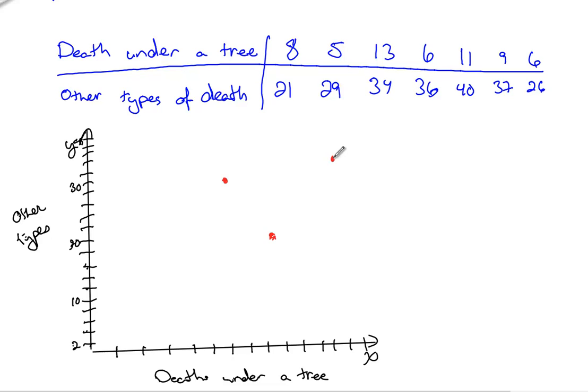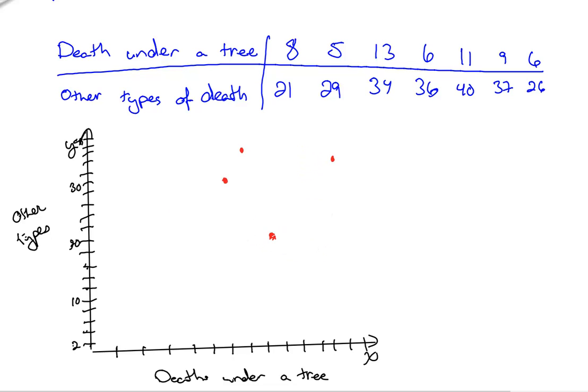It's going to be about there. 6 and 36. Be about right there. 11 and 40, so oops, don't want that. Let's erase that back. I don't want a line on there.